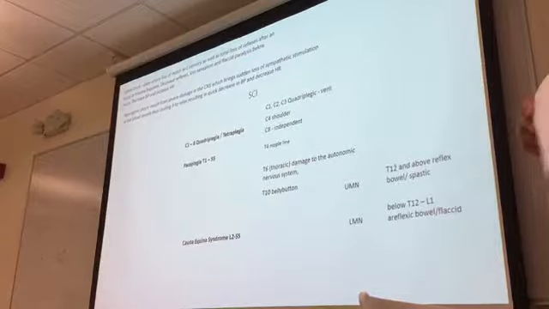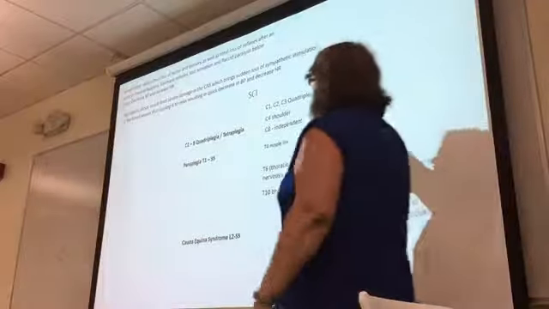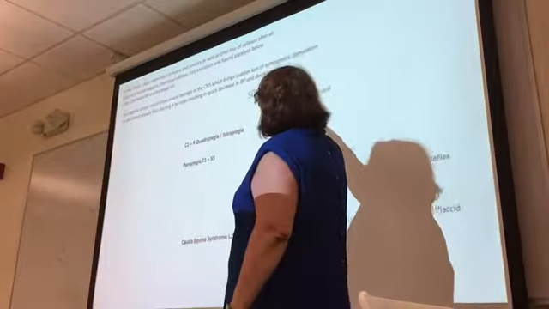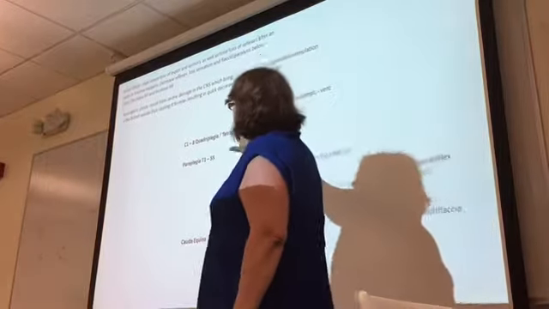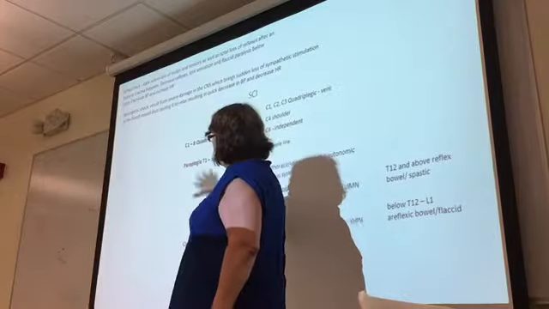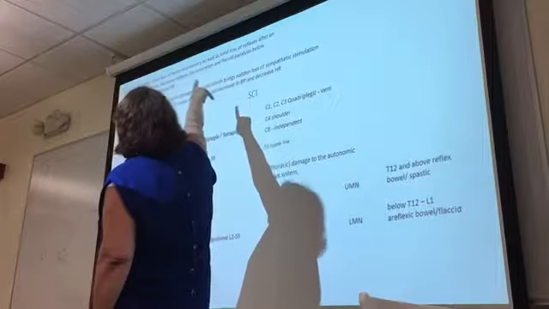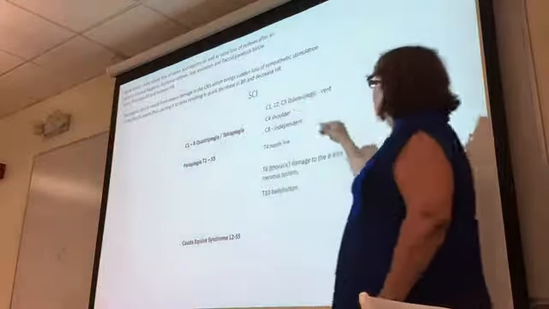So this slide is really just a summary of everything I said. Basically, C1 through 3 is vent, from C8 down is pretty independent. C1 through 8 is quadriplegic, T1 down is paraplegic. Spinal shock, loss of reflexes. Neurogenic shock, blood pressure and heart rate decrease.